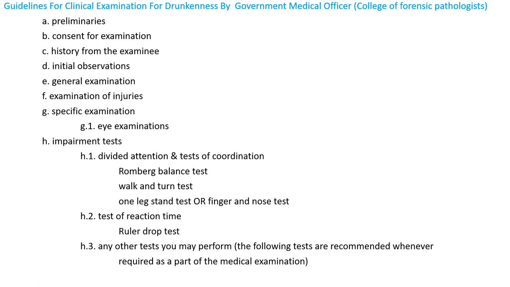However, as doctors, we should know how to determine whether a person is under the influence of alcohol with the clinical examination itself. Part 2 will provide the rest of the details in this context, and thank you.